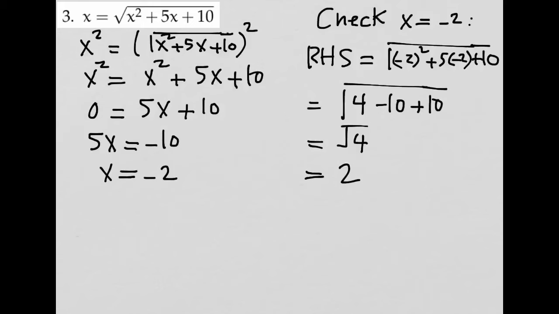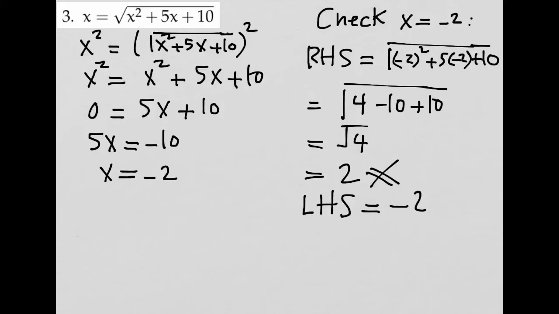When we plug in x equals minus 2 in the left-hand side of the original equation, we get x, which is minus 2. As you can see, the left-hand side and the right-hand side are not the same.